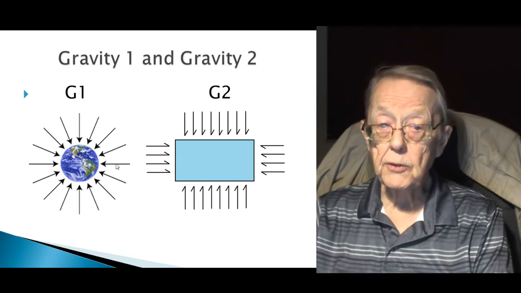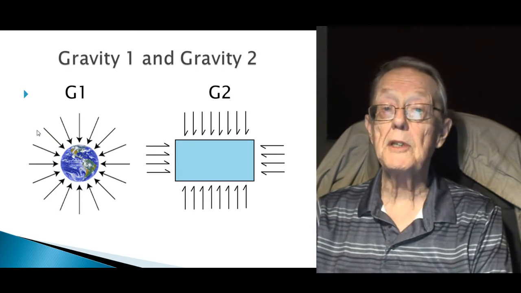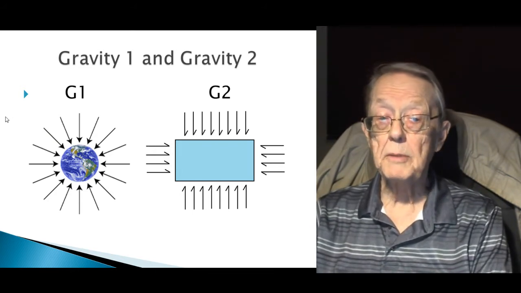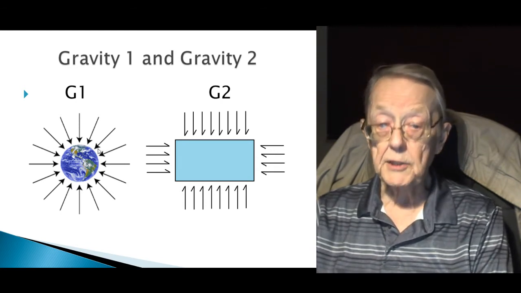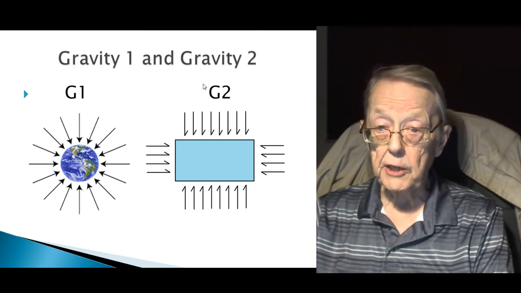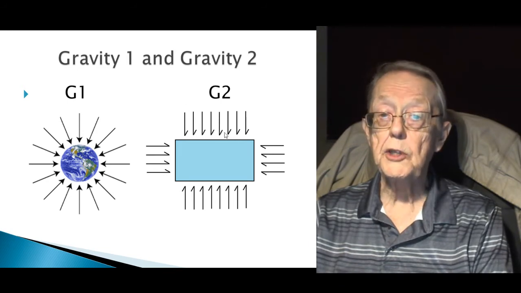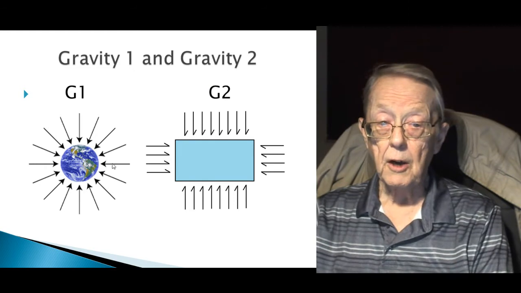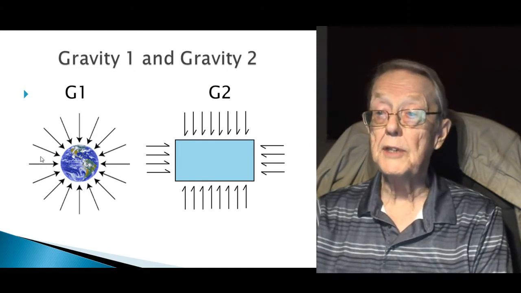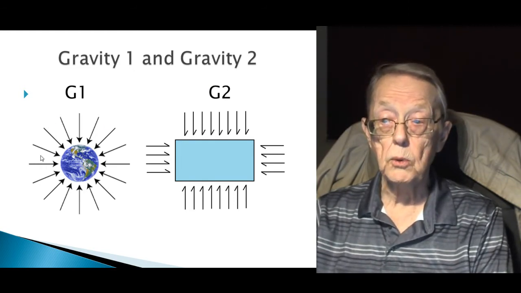There's also a G2 force field. Why is that? Because light coming from the sun hits our atmosphere and refracts. And if refraction is caused by a G2 force field, there must be a G2 force field around the Earth causing refraction and hence causing our sky to be blue.